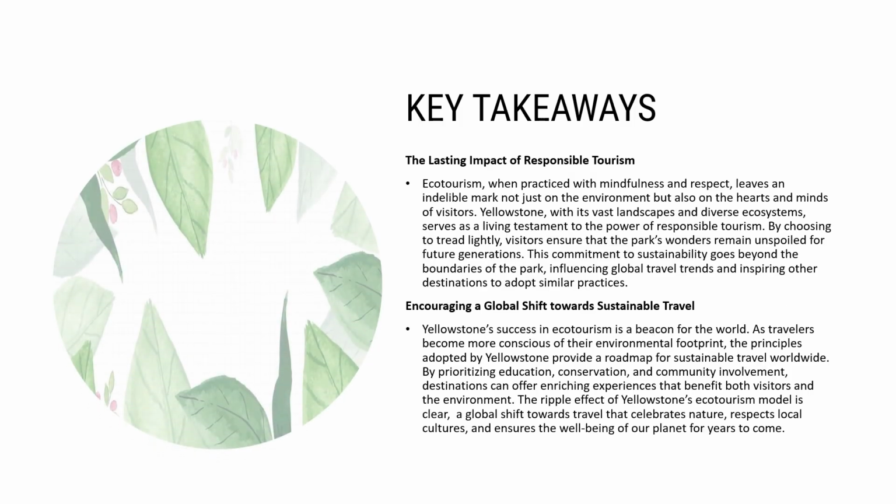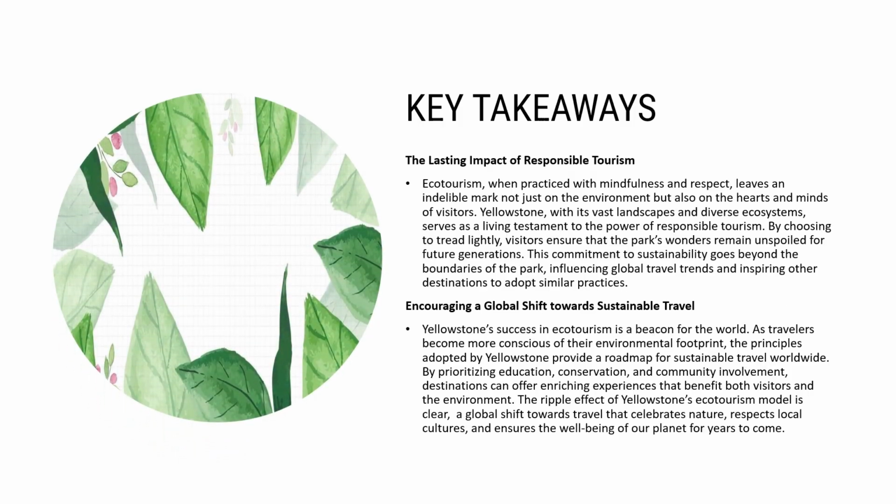So in conclusion, the key takeaways of this lesson include: sustainable tourism is key to preserving Yellowstone Park for future generations. The lasting impact of responsible tourism is going to benefit future generations. Ecotourism, or green tourism, sustainable tourism, when practiced with mindfulness and respect, leaves an indelible mark not just on the environment but also on the hearts and minds of visitors.